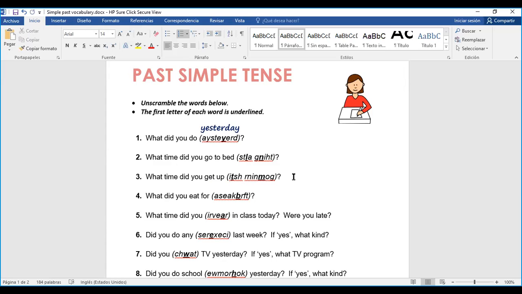What about number three? What time did you get up? And you have, again, a two-word scrambled word, which two words do you think are here? Number 3. The first one is this morning. Excellent.